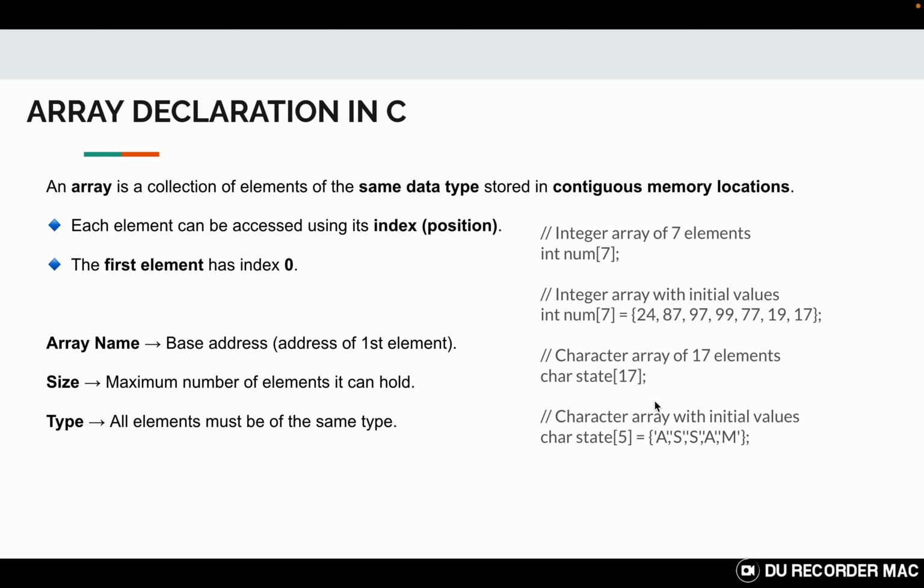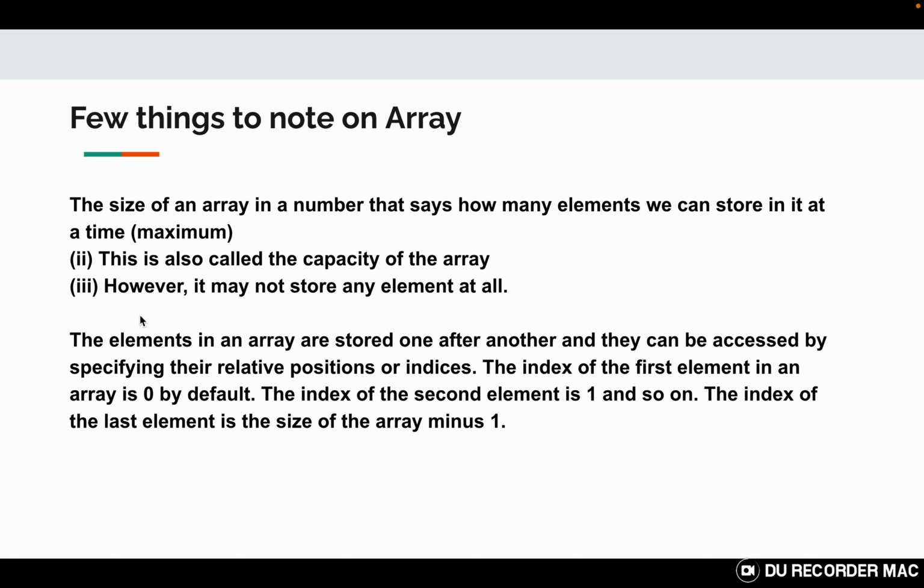So the 0th position will hold A, the first position will hold S, the second position will hold S, the third position will hold A, and the final position will hold M. But what happens to the other spaces? If you do 17 minus 5, then it would be 12 spaces. 12 spaces are still empty, right? So that is the reason, if you see here, you had this third point, right? However, it may not store any element at all.